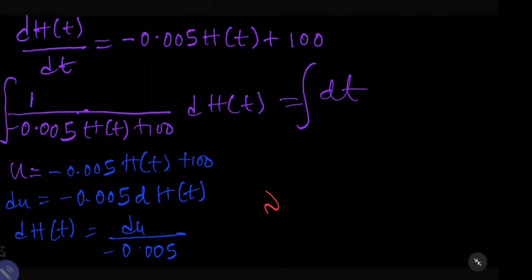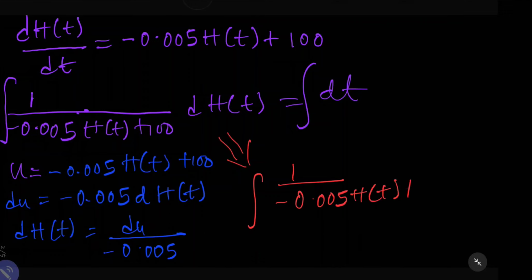So if we are going to be rewriting this, it would give us where the dh of t becomes du all over minus 0.005, all over minus 0.005, but then this minus 0.005 becomes a constant, so I'm going to feel free to put it out here, 0.005, and now we have just the u here.